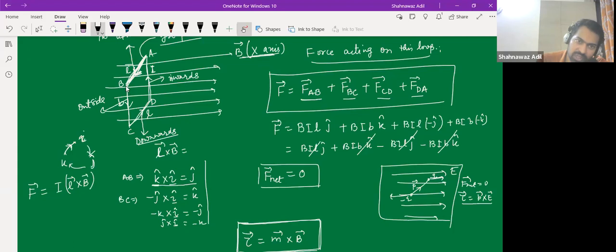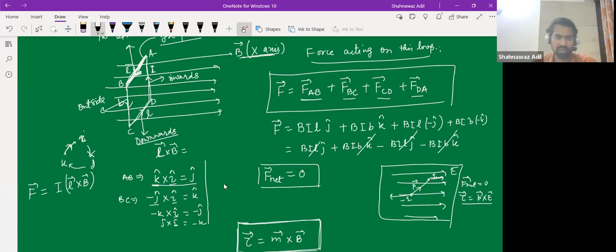Similarly, in going from B to C, the direction is downwards, so minus J. And the magnetic field is in the I direction. J cross I is minus K, and minus of minus K is K hat. Understood?